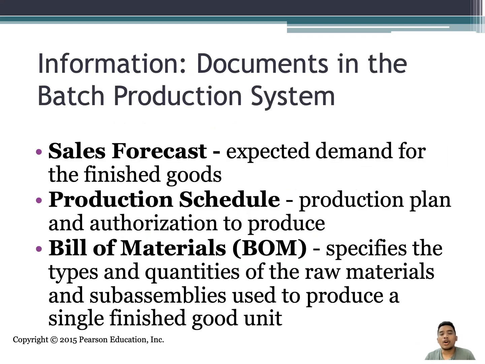So what are the documents that are usually needed when it comes to the production system? Be familiarized with this, because these are actually the documents that are needed under the production cycle. First of all is the sales forecast.